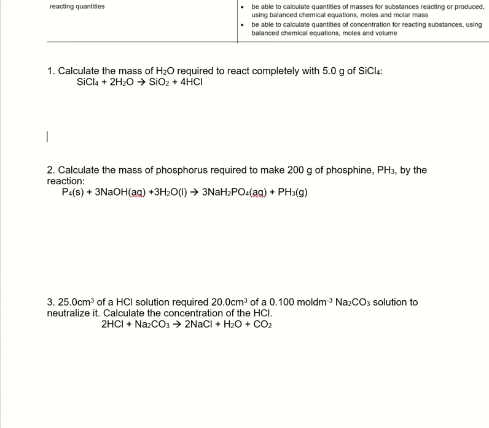So we're going to be going through some more of the mathematical calculations, as you can see there. Being able to calculate quantities of masses for substances reacting or produced using balanced chemical equations, moles and molar mass. And then basically the same with solutions afterwards, of being able to calculate quantities of concentration for reactant substances using moles and volume.